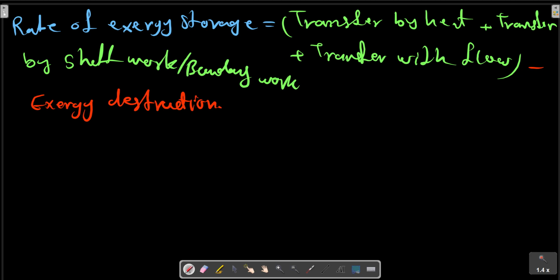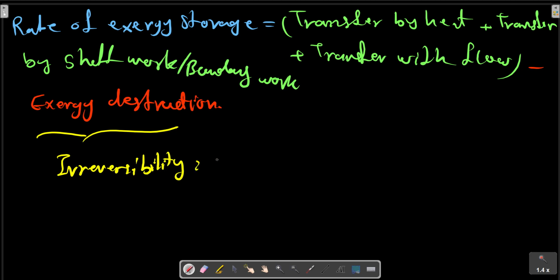The exergy destruction is identical to the previously defined term irreversibility. Also lost work, also exergy destruction.